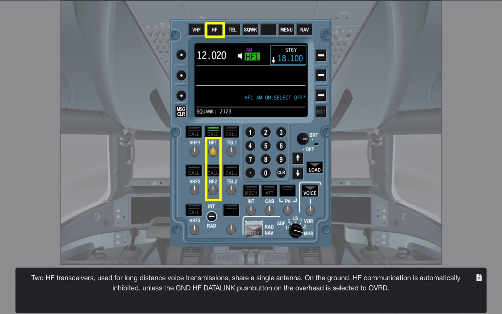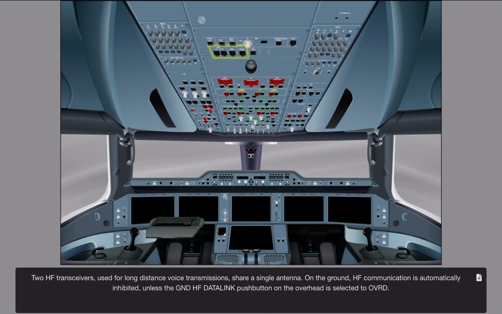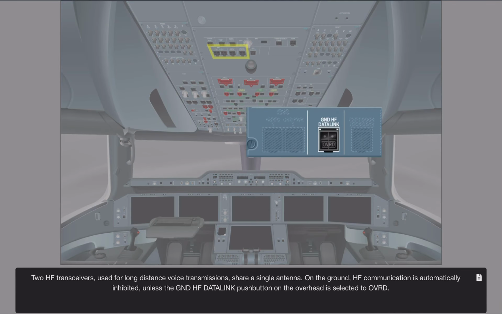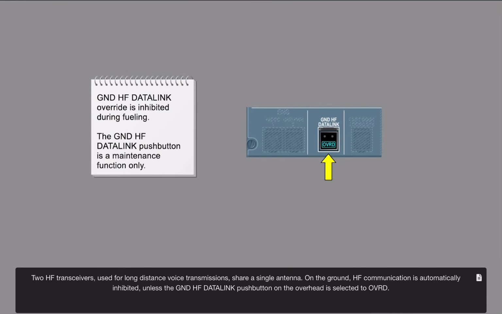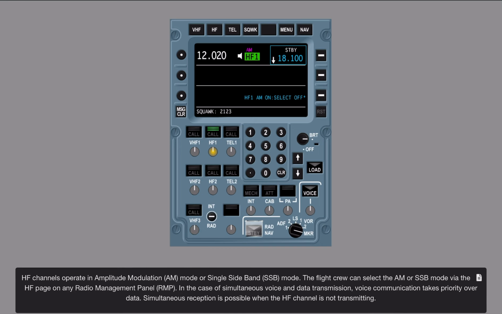2 HF transceivers used for long-distance voice transmissions share a single antenna. On the ground, HF communication is automatically inhibited unless the ground HF data link push button on the overhead is selected to override. HF channels operate in amplitude modulation, AM mode, or single sideband, SSB mode.